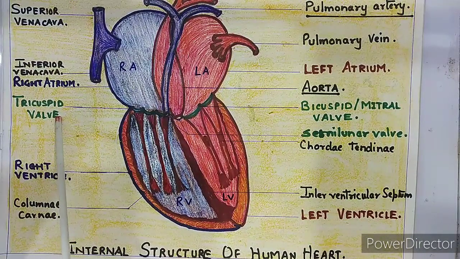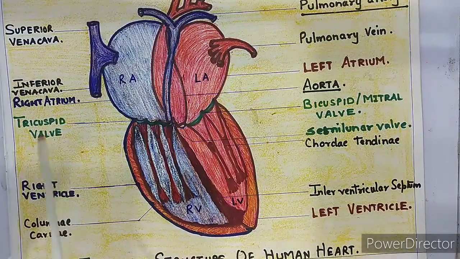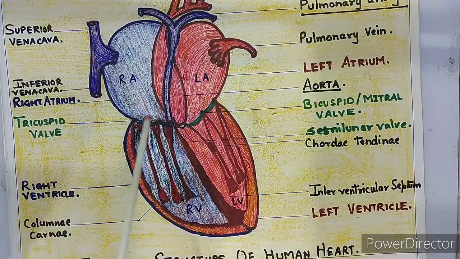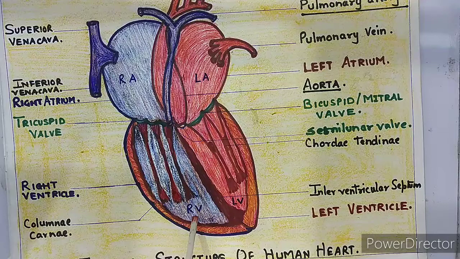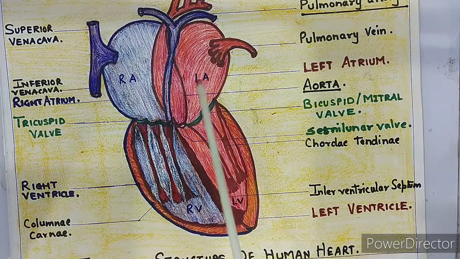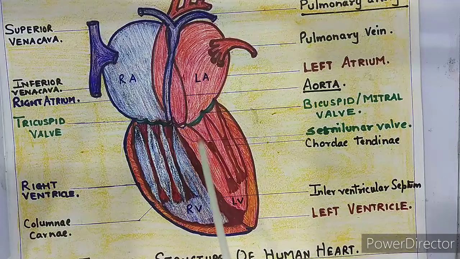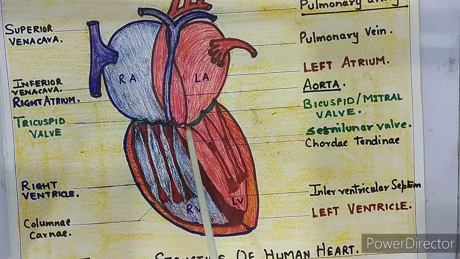What are they called? Tricuspid valves. Between the right atrium and the right ventricle. In a similar manner, when you focus your attention on the left half of the heart, between the left atrium and the left ventricle, see there are two cup-like valves.